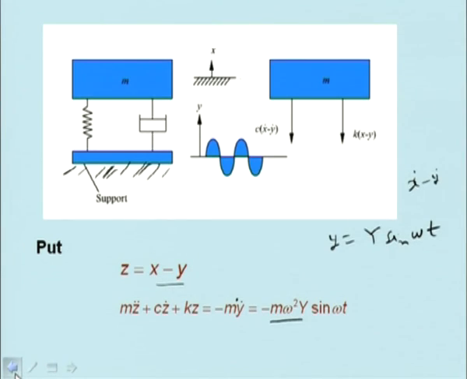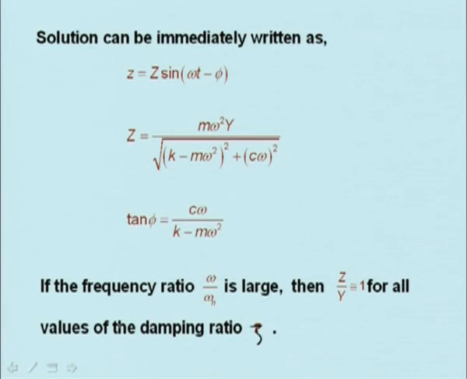We have Z is equal to m omega square Y under root (k minus m omega square) square plus (c omega) square, and tan phi is equal to c omega by k minus m omega square. In this case Z by Y is equal to 1 for all values of the damping ratio. How can we prove this?